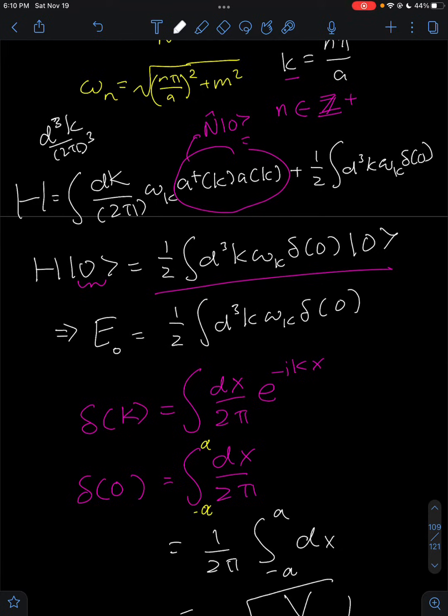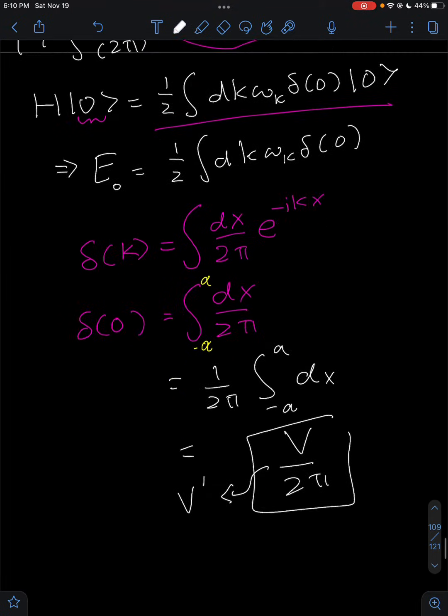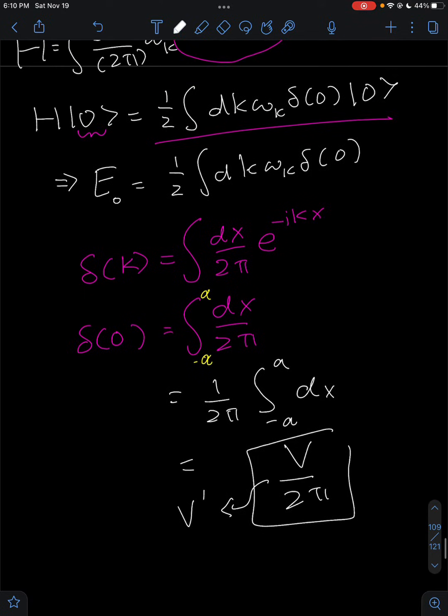That's an important thing that I should have addressed. This should be dk over here. This should also be dk. And this should be dk as well. So with this, this term over here just becomes some volume V prime.